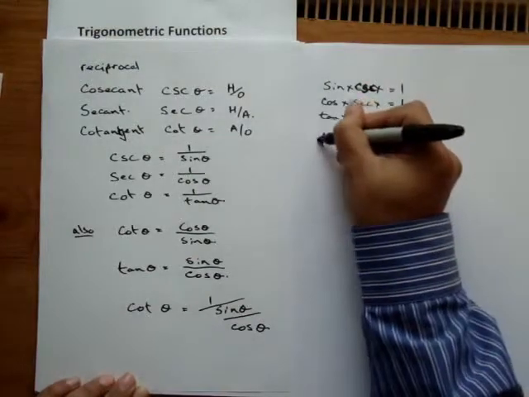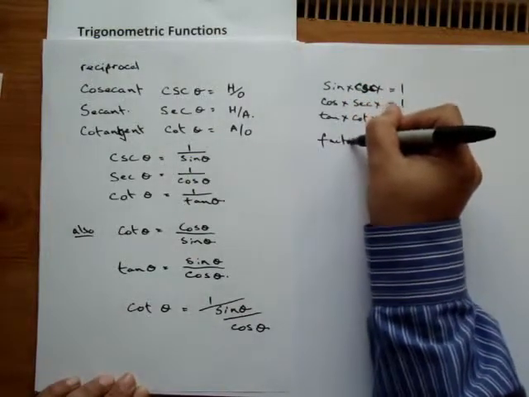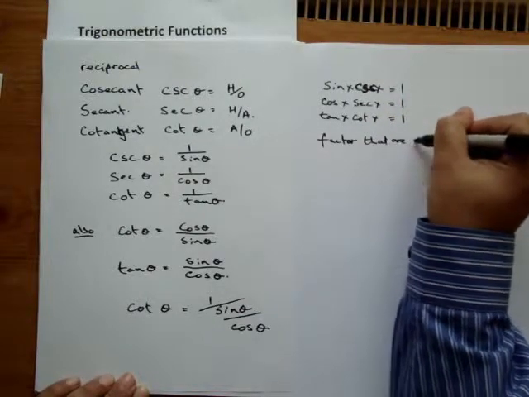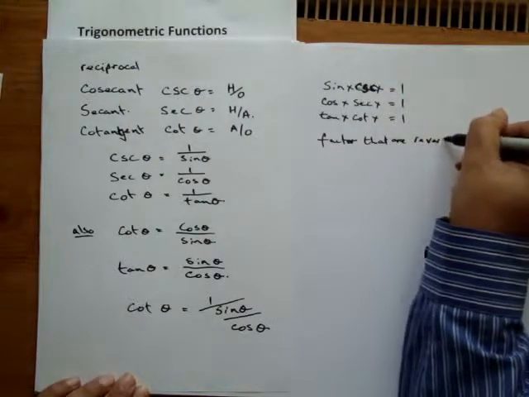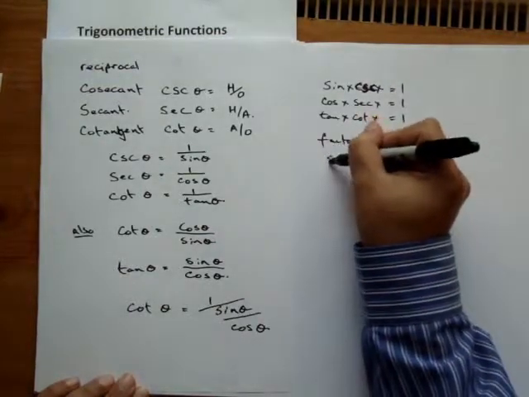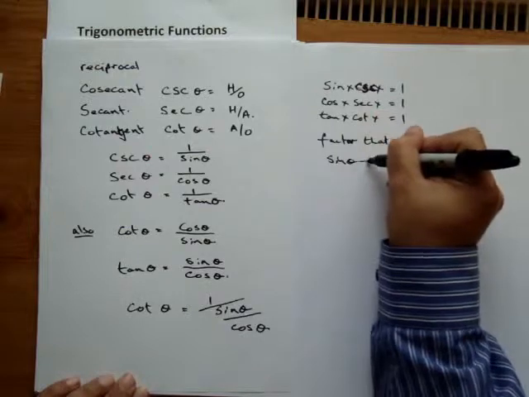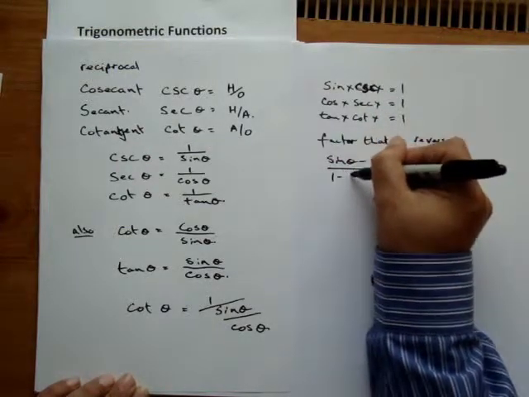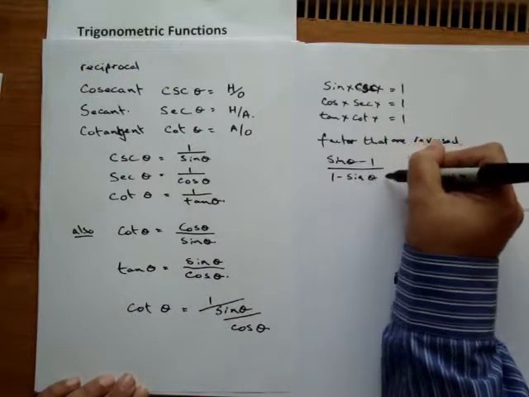And then factors that are reversed, if we look at those. Say we have sine theta minus 1 over 1 minus sine theta.